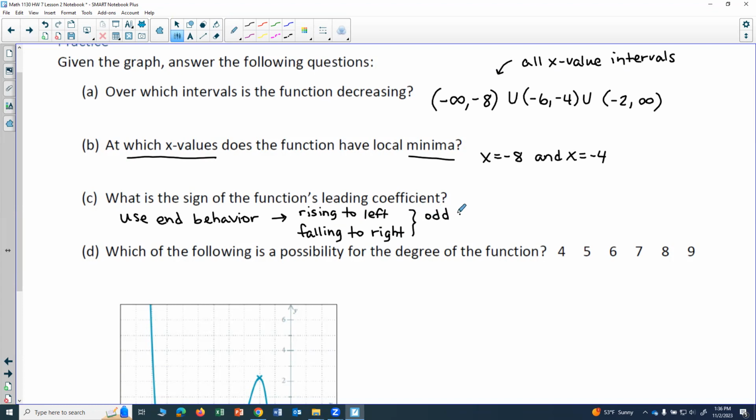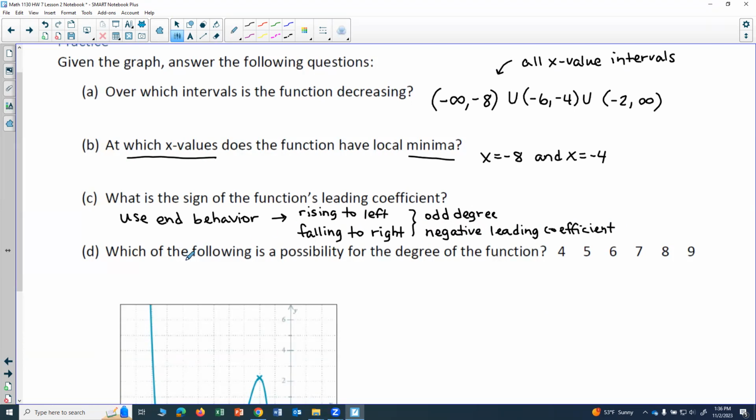This will come in with part D of this problem. So an odd degree, and it has to have a negative leading coefficient. And we get all of that just from the end behavior of the graph. Again, if you missed the video on end behavior of the polynomial graphs, please go back and watch that.